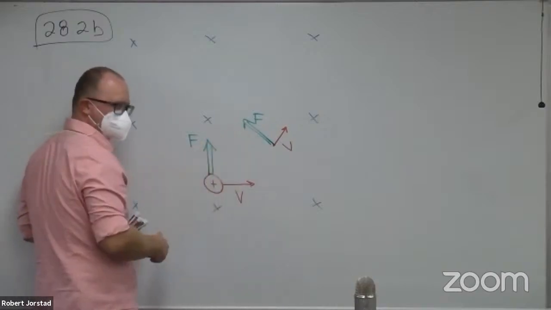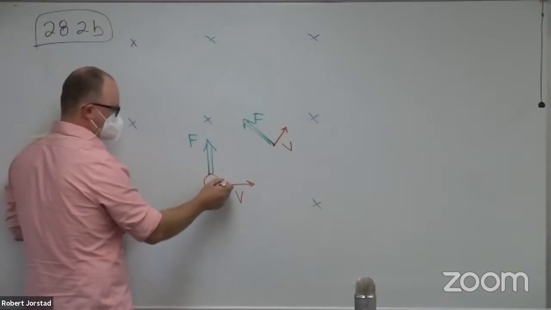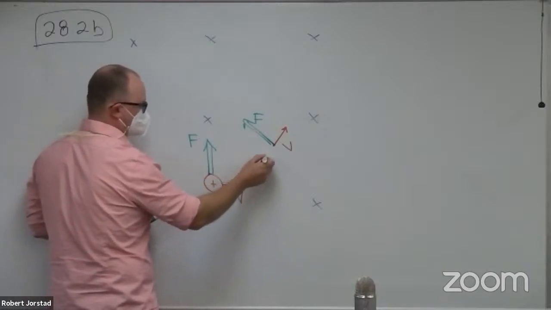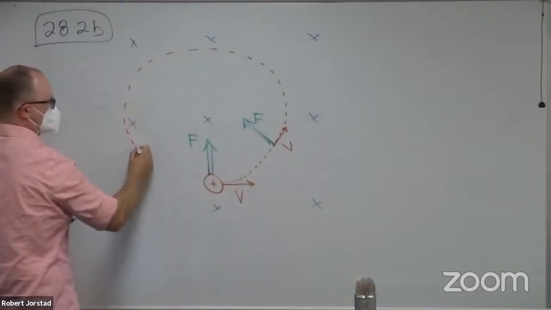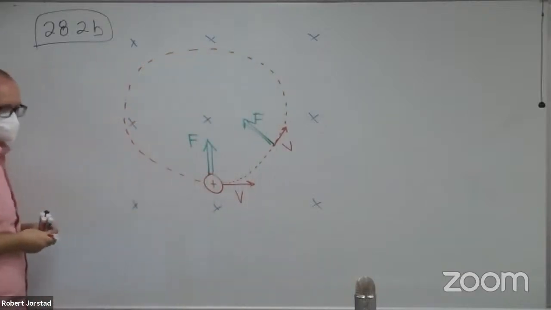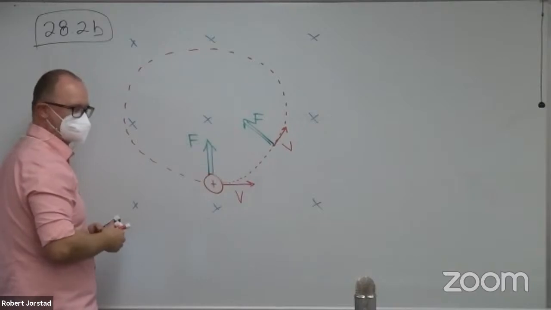After this force, it's going to be moving more straight up. What shape is it going to trace out? Circle. It's going to keep bending, and there's a force towards the center of the circle.